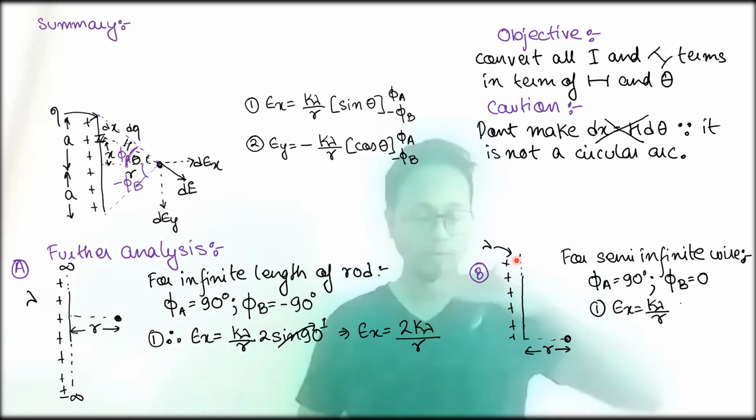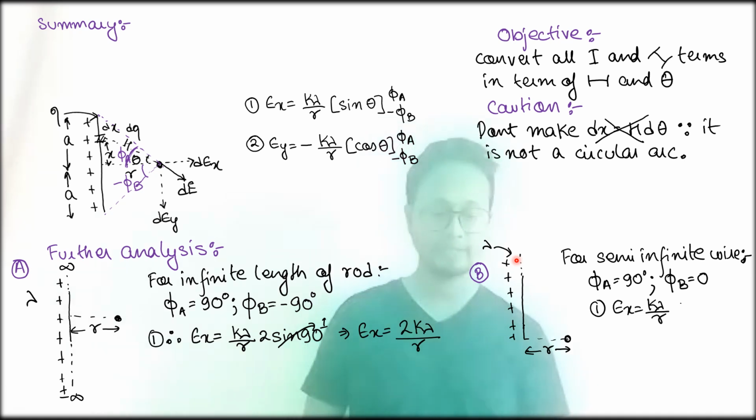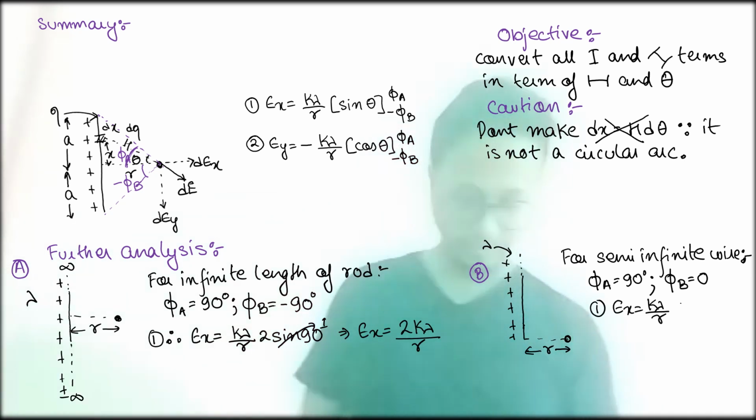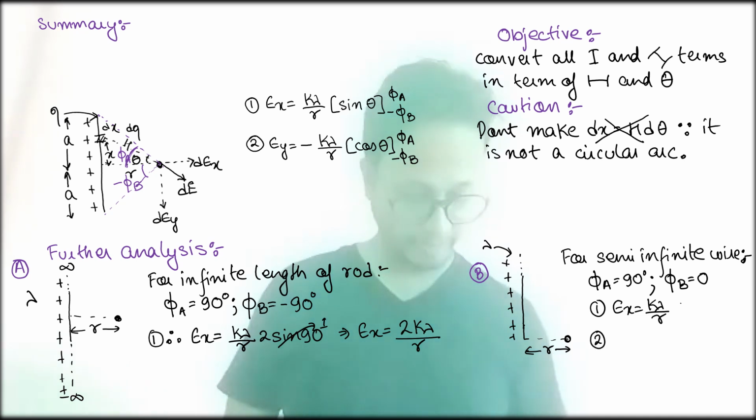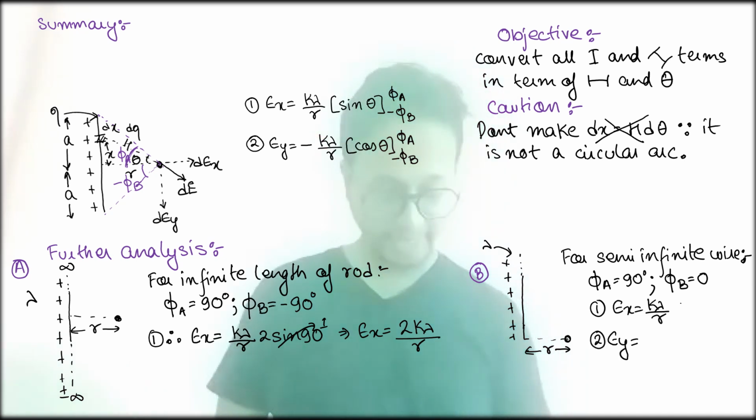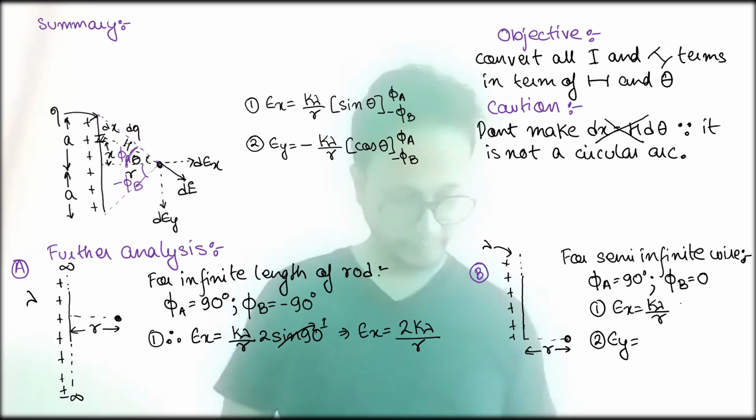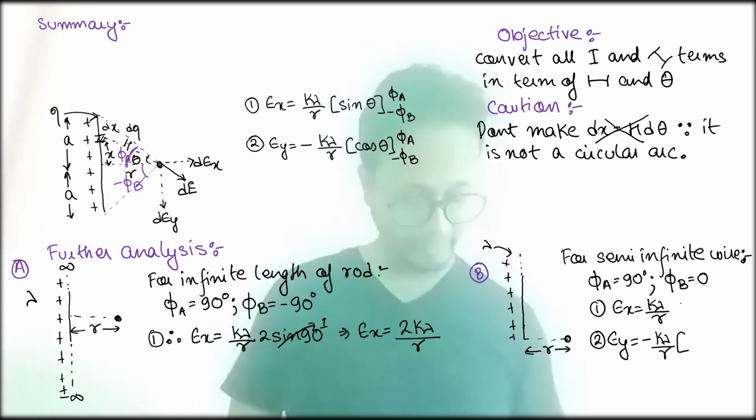So there is a y component of electric field that would be due to this length. If I find the y component, Ey is equal to minus k lambda by r into cos phi a minus cos of phi b. What is the value of phi a?